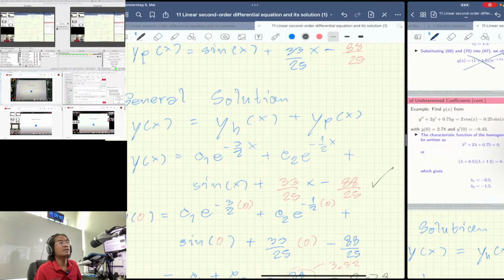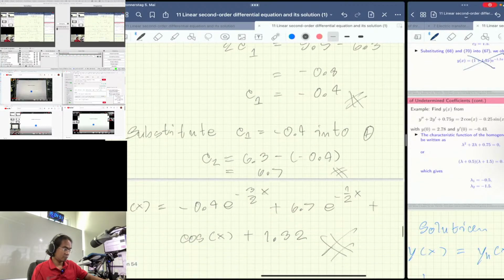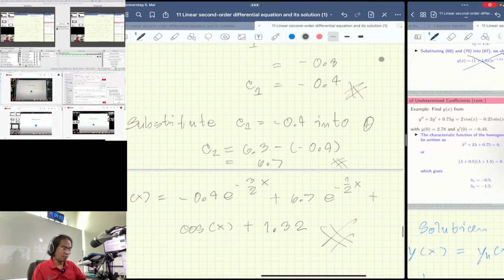Okay, the answer is 6.7 exponential negative 1 by 2 x. It's correct, right? And negative 0.4, yes, correct.